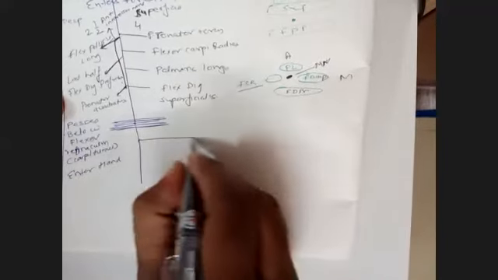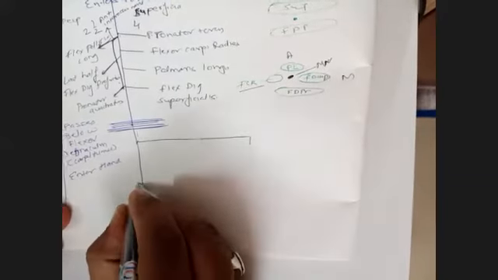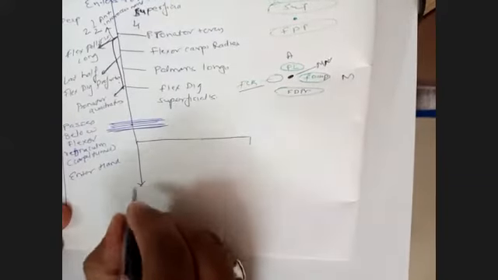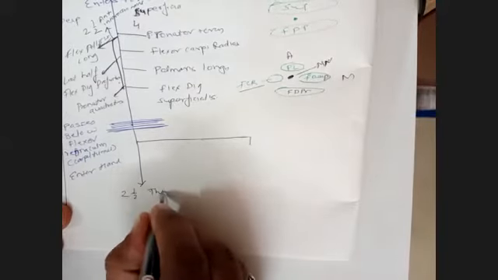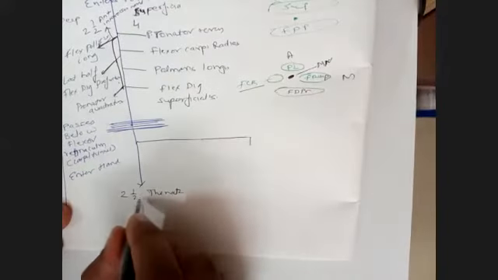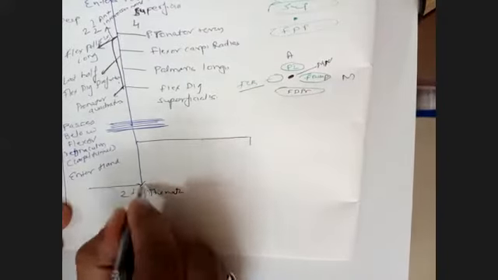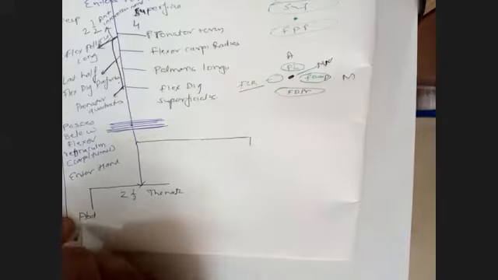In the hand, it supplies 2.5 muscles of the thenar eminence. What are those 2.5 muscles? Okay. One, it supplies abductor pollicis brevis.